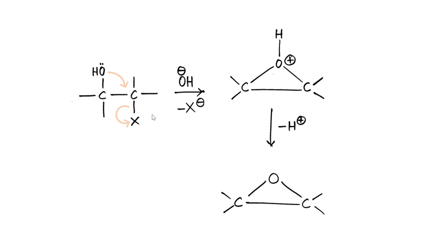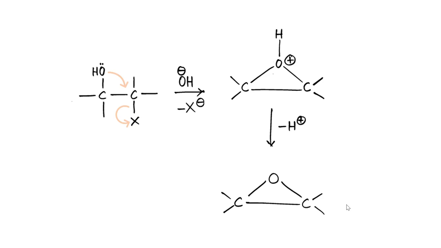So in this type of example, there is no NGP; there is only an intramolecular nucleophilic attack, because this oxygen containing the lone pair is present in the same molecule. This is the first step of NGP, but as this three-membered epoxide ring is much more stable, no further intermolecular SN2 reaction takes place.